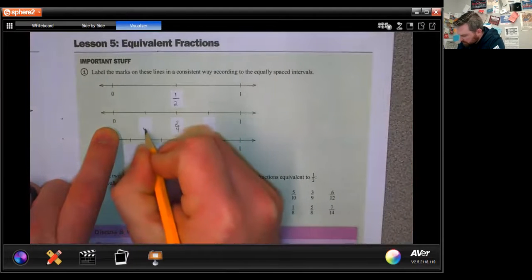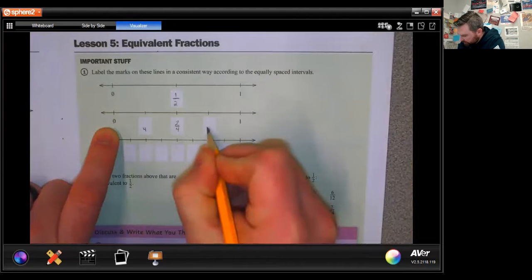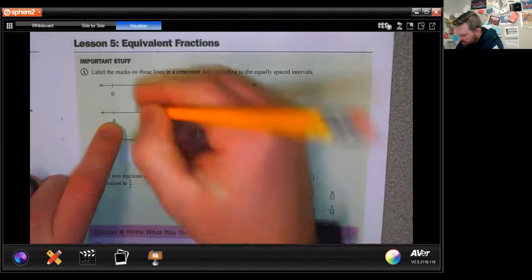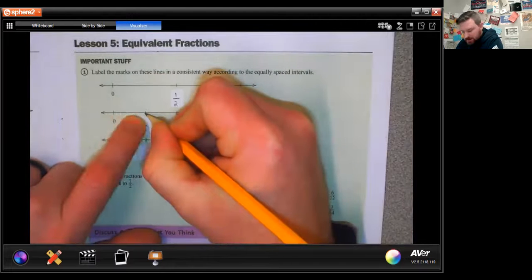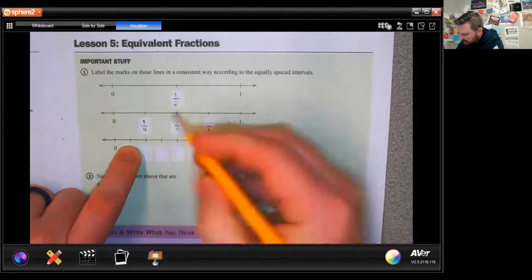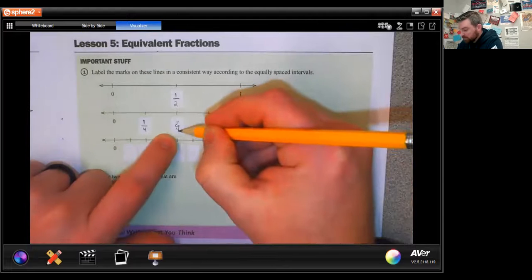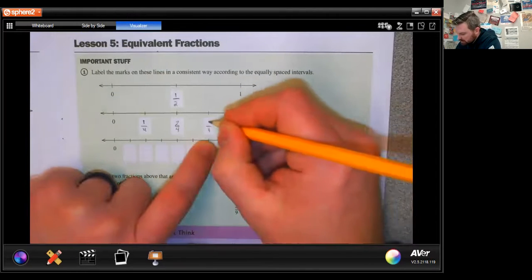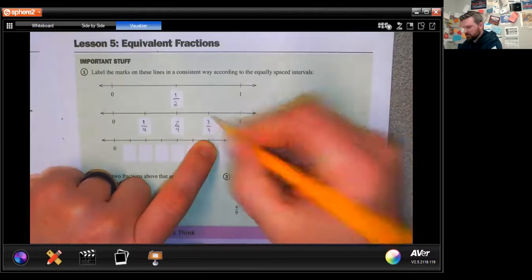So that tells me this bottom fraction will be 4. Okay, here we have the first space. Remember, this number counts this space before it. So that's the first space, so 1/4. This is 2/4, which is equivalent to 1/2. This is 3/4 because it's the third space.